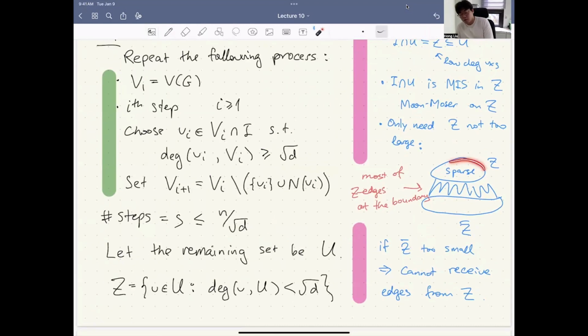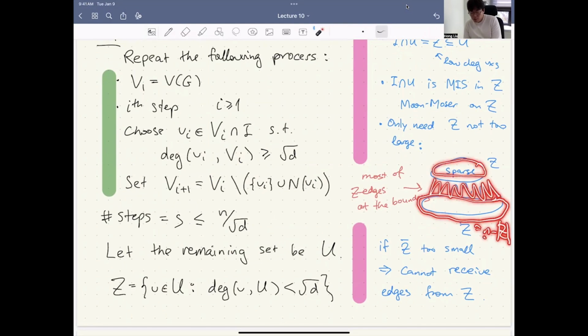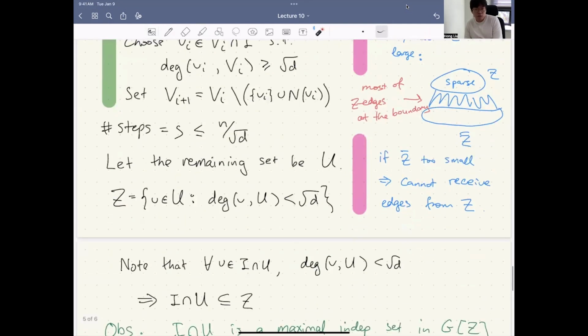Because Z is sparse, most of the edges incident to Z go to the boundary, which goes to the complement, n minus Z. If Z is too large, the complement is too small. But we have a bound on maximum degree, so it cannot receive this many edges if Z is too large.